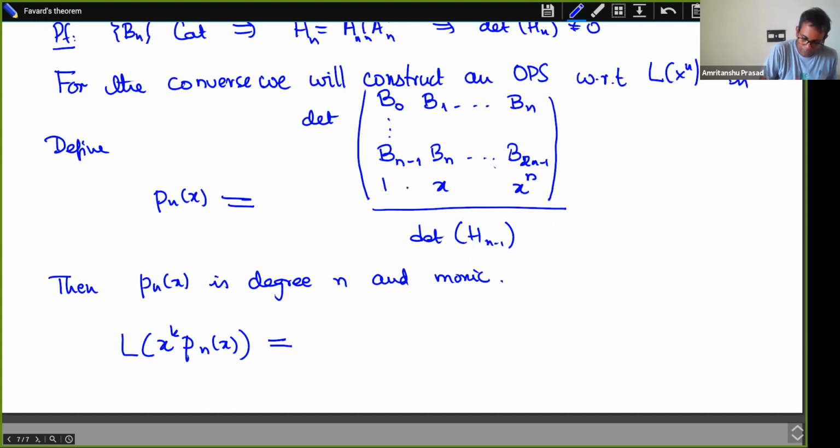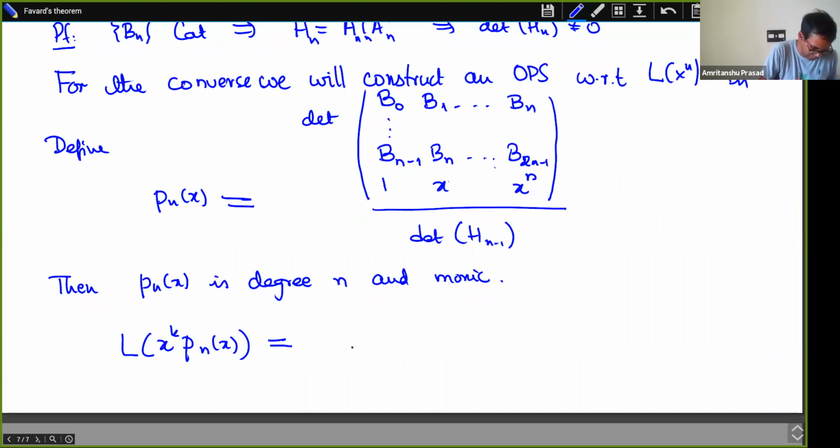So if you wanted to just compute L of this, then you would replace x by x to the power k by bk. But now we are multiplying by x to the power k. So here we will get x to the power k, x to the power k plus 1 up to x to the power k plus n.